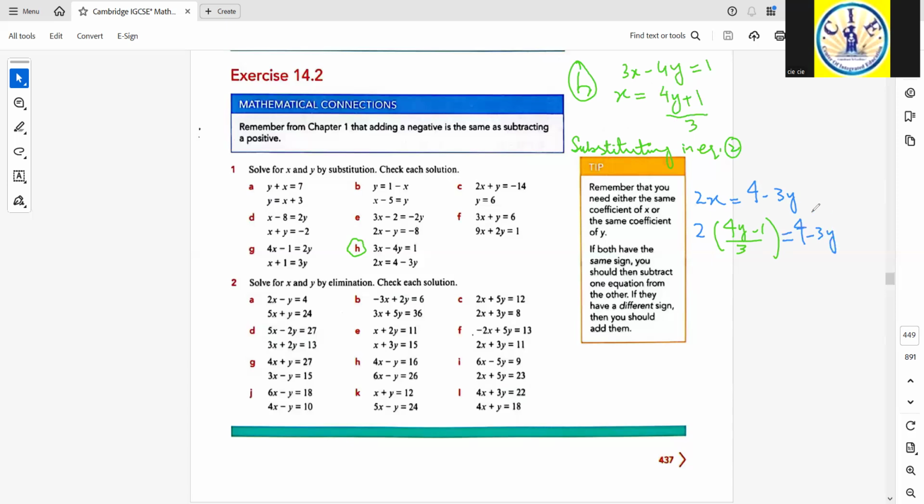In this equation, the variable x has been eliminated, it has vanished. So when we will be solving it out, we will be getting the value of the variable y. 2 times 4y, that will give me 8y plus 2, and shifting this 3 to the other side and getting it cross multiplied, I get 12 minus 9y.